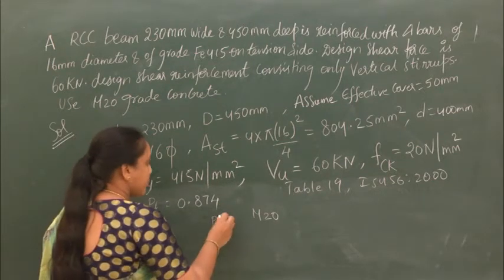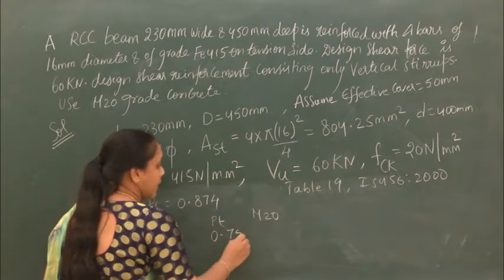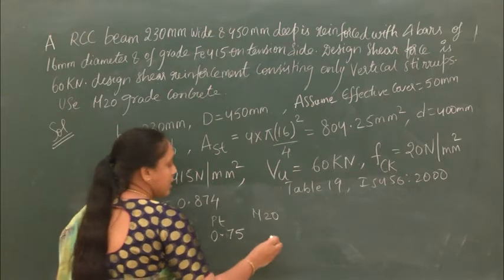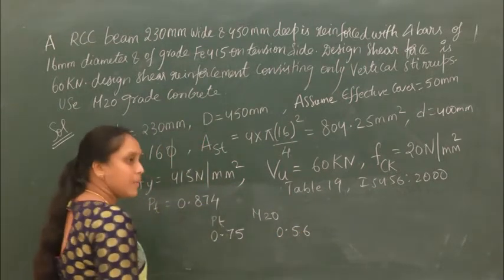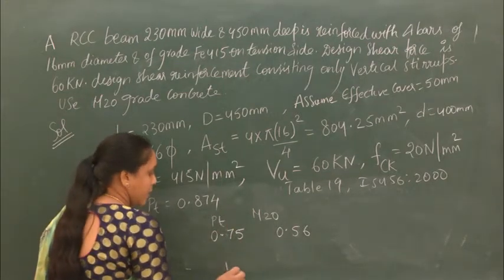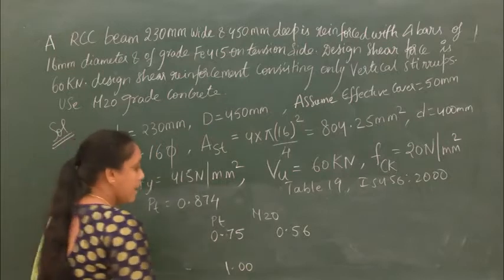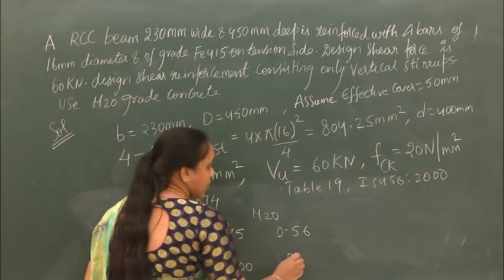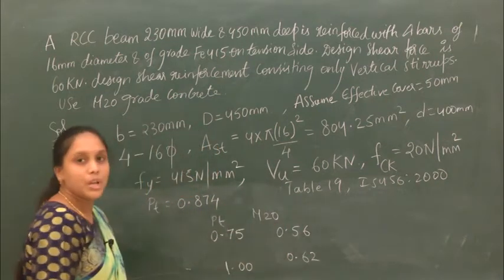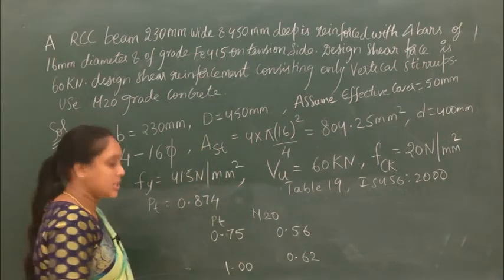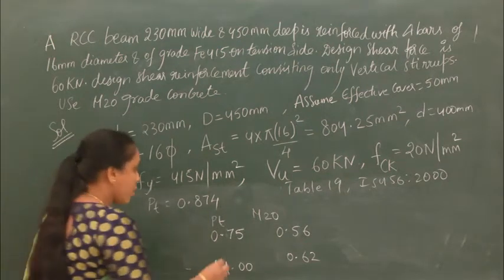So in table 19, for 0.75 percentage of steel, my tau c value is 0.56, and for 1% of steel, my tau c value for M20 grade of concrete is 0.62. Now my percentage of steel, that is 0.874, lies in between these two, is it or not?